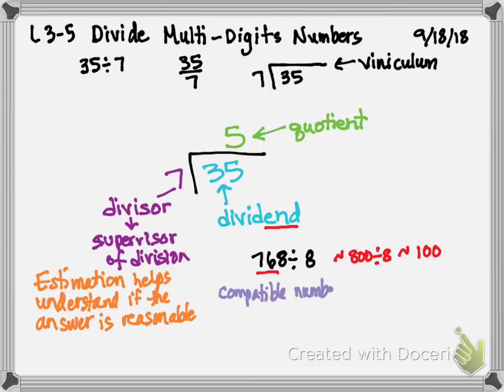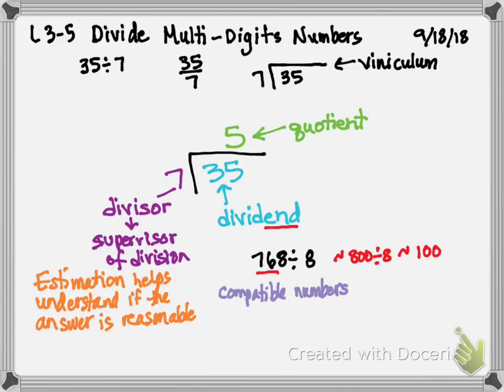There's more than one way to do rounding and estimating. What I want to do is find a number that's compatible with 8 that's close to 76. If I remember my multiplication facts of 8, I could say 8 goes into 72 nicely.